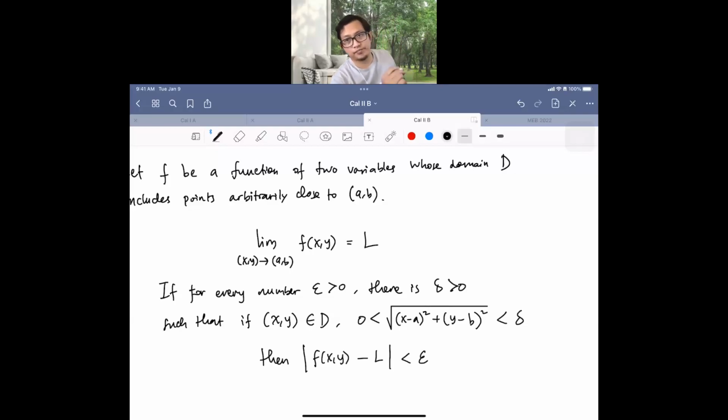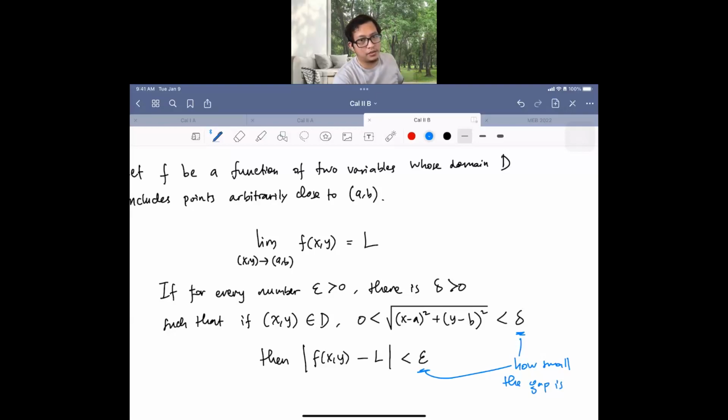So again, epsilon delta is a little bit abstract at first, but it actually visualizes how small the gap is.